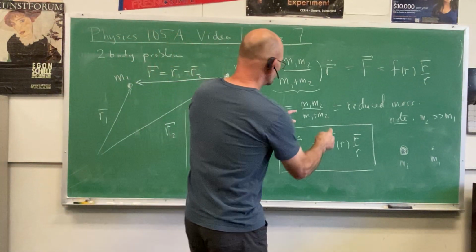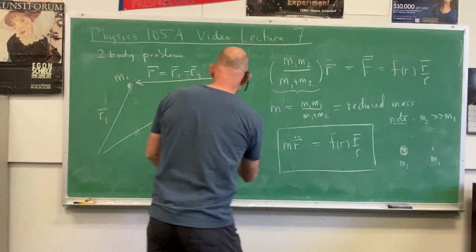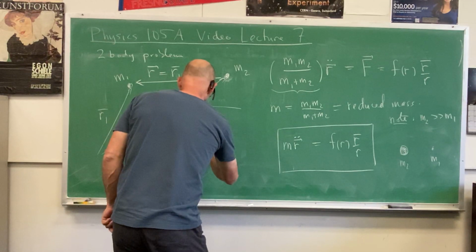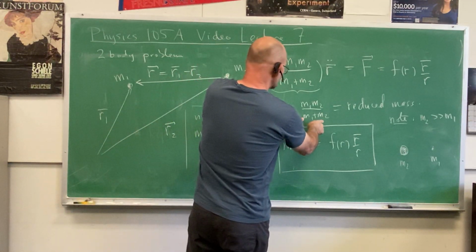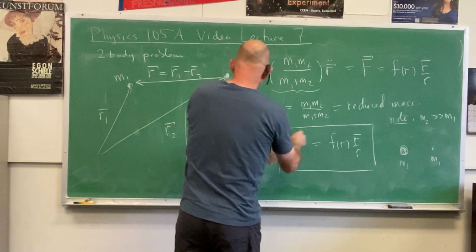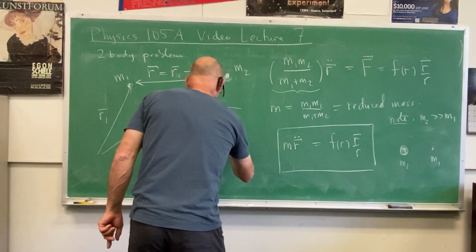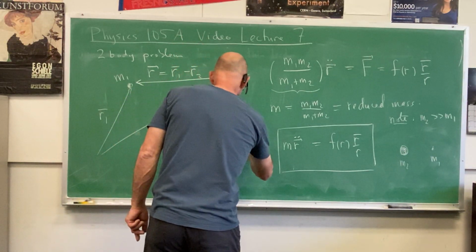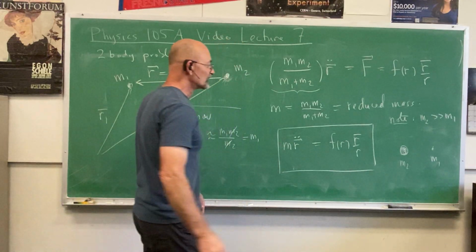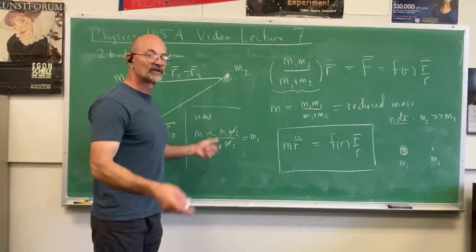If M2 is much greater than M1, the M1 is essentially negligible in the denominator. And so we've got an approximation M1 M2 over M2. And then the M2's cancel, so that's approximately equal to M1. So if you have a much smaller mass, the reduced mass is just the mass of that smaller mass.